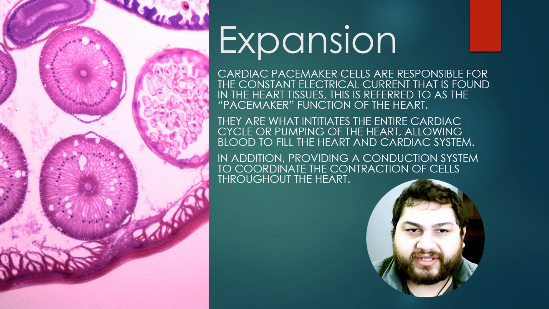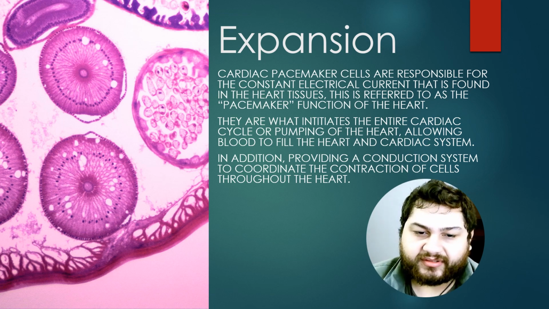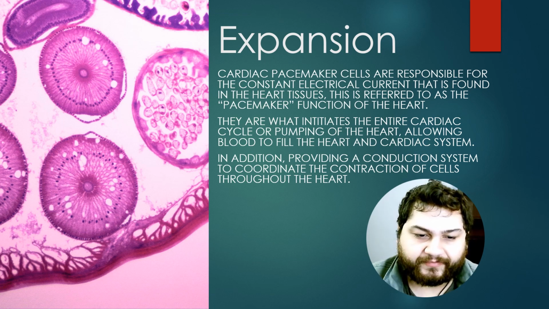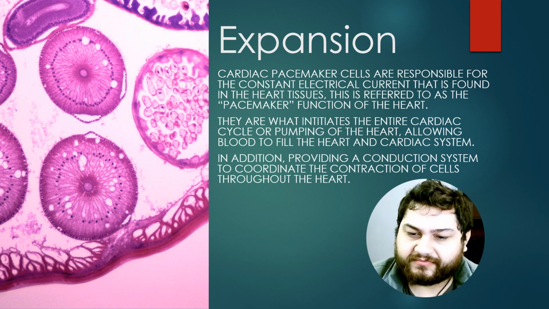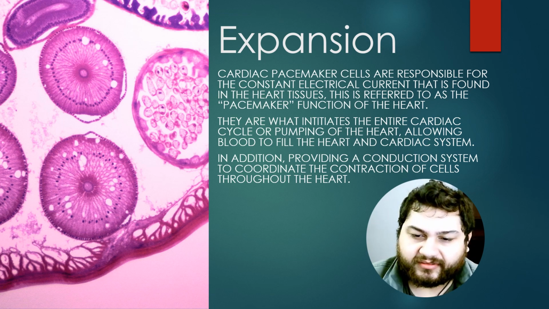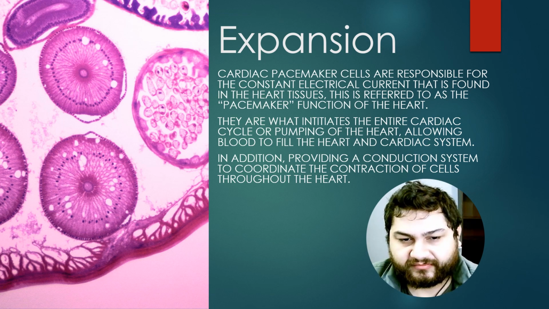They are what initiates the entire cardiac cycle, or pumping of the heart, allowing the blood to fill the heart and cardiac system in a constant, varying cycle of up and down action potential, depending on blood flow, depending on blood need, depending on oxygenated blood levels.